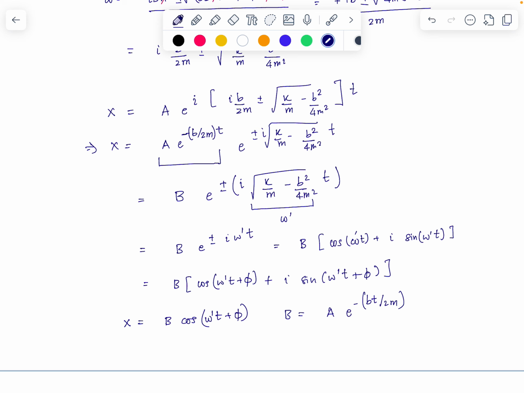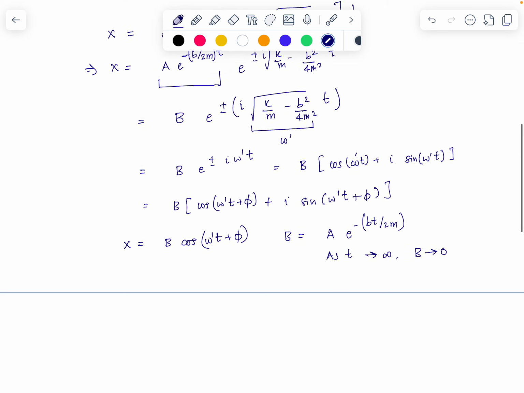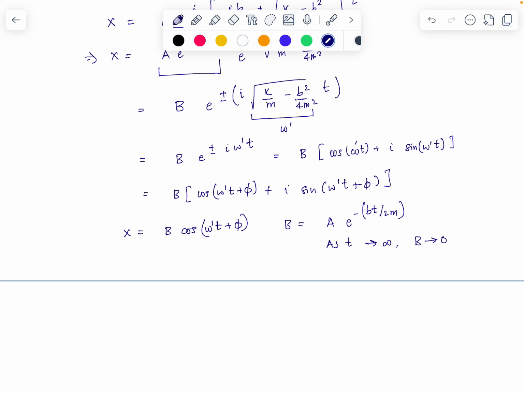What we see here is that as t goes to infinity, b actually goes to 0, which is what we want. The damper should damp out the vibrations in the system, right? But omega prime does not depend on t. So that's the interesting part.